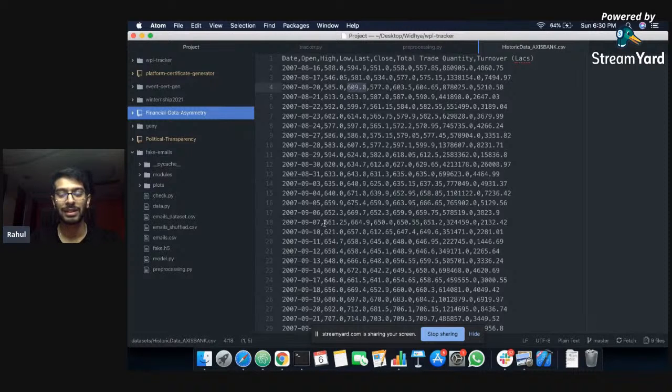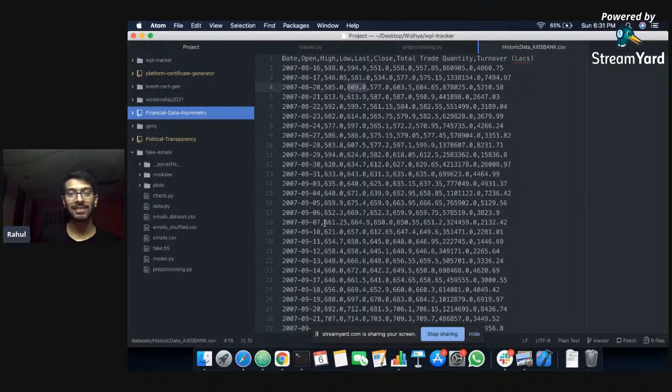If Rahul123 at gmail.com is a genuine email ID, and XYZ at gmail.com is a fake email ID, then I need to preserve the context, the flow of how these characters are going.